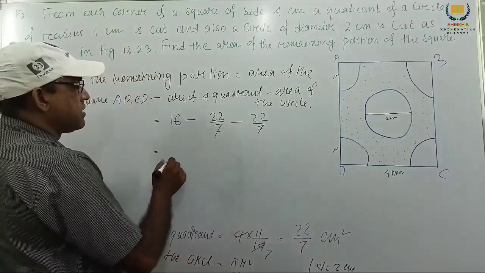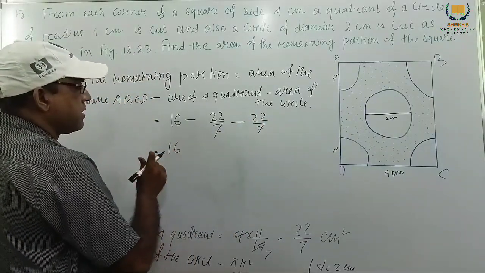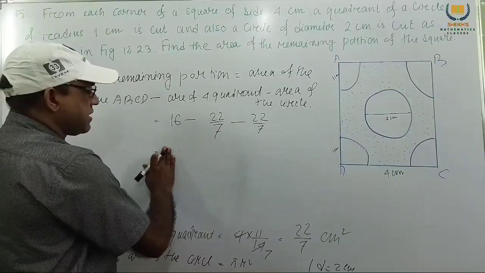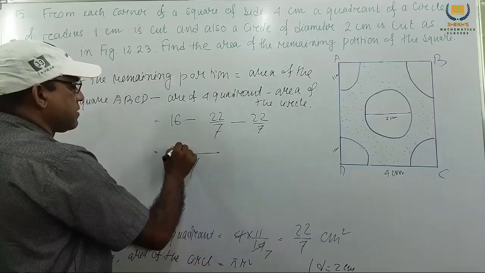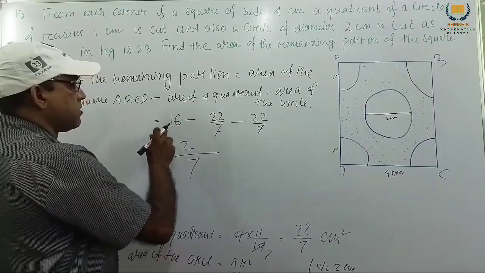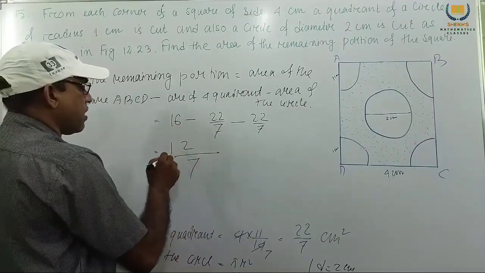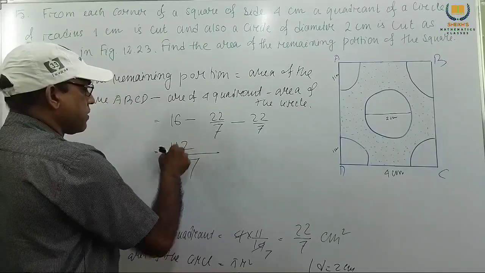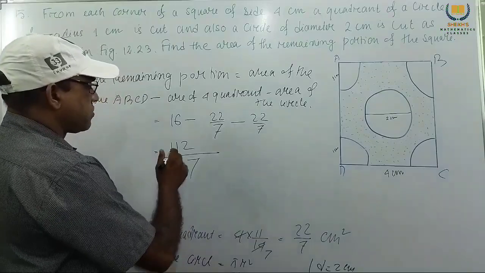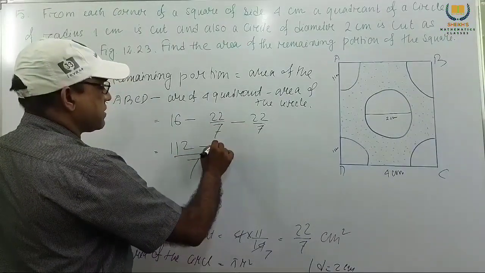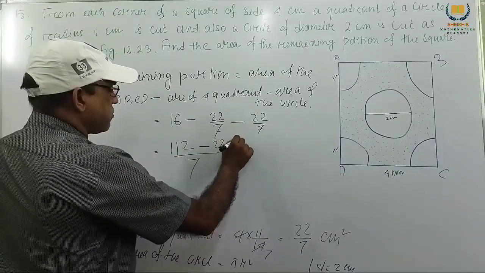So this is 16. Taking LCM 7, this is 112 minus 22 minus 22.